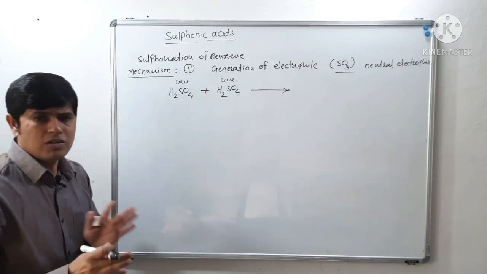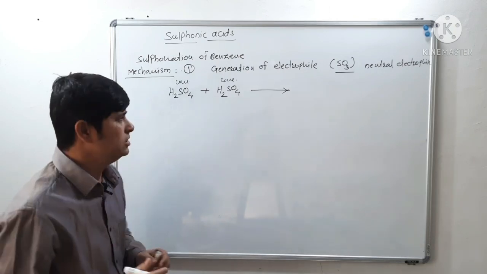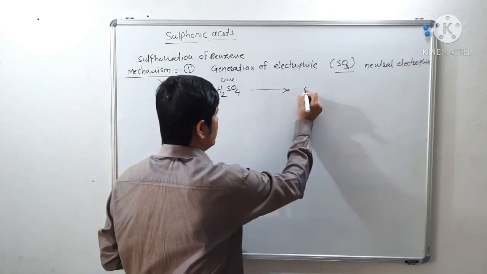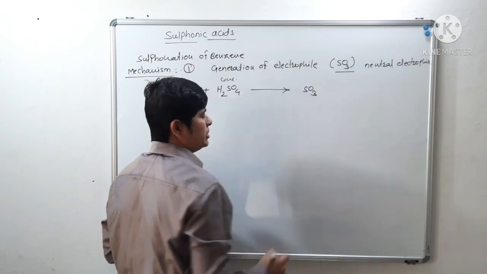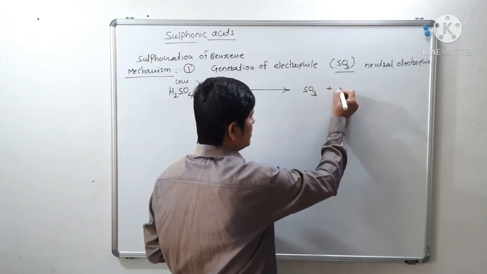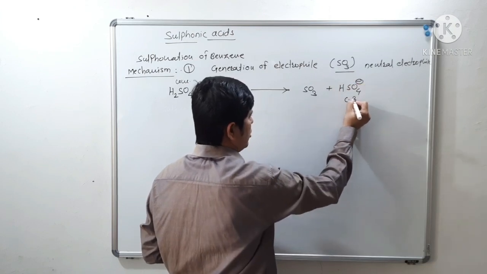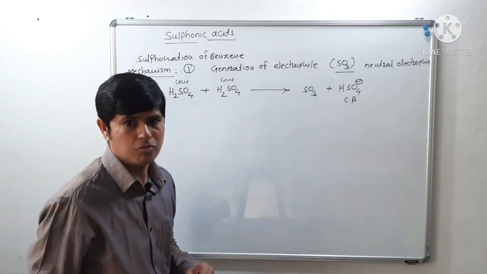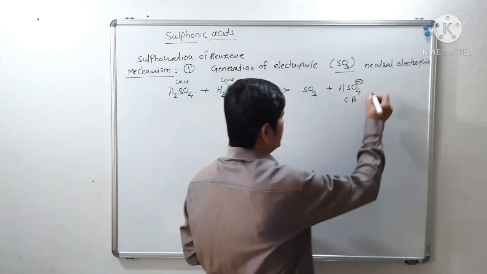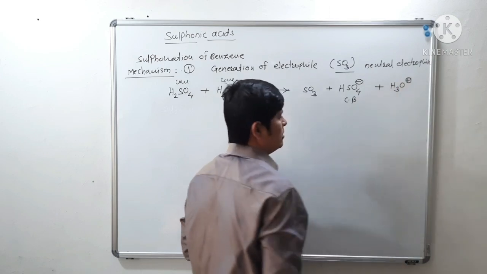When concentrated H2SO4 undergoes a disproportionation reaction, we will have formation of sulfur trioxide gas along with the conjugate base of sulfuric acid and H3O plus, that is protonated water.